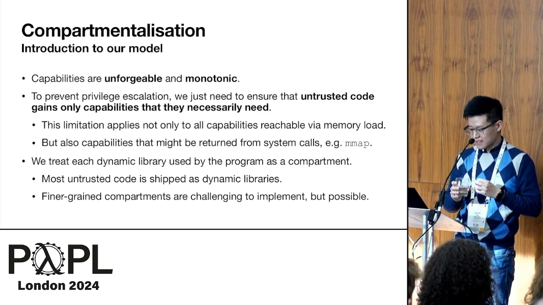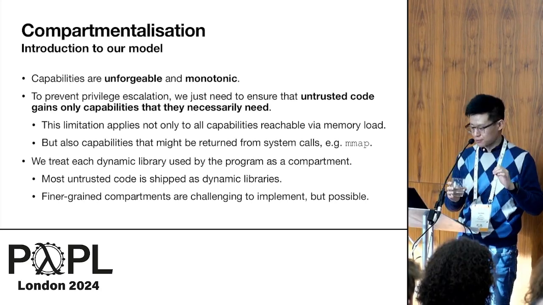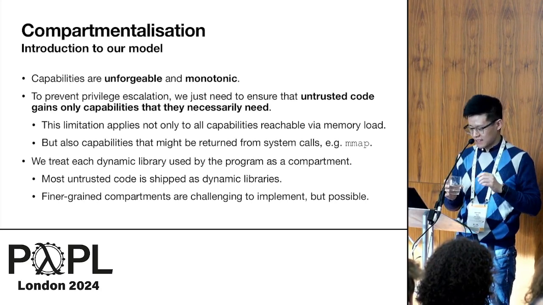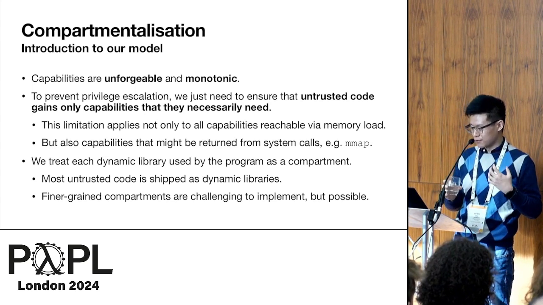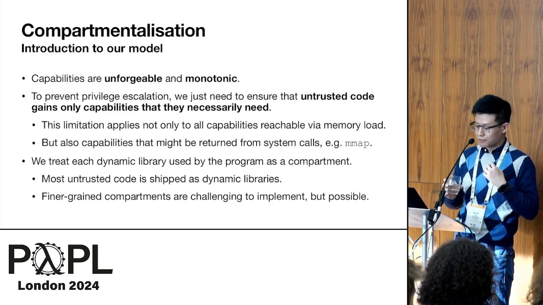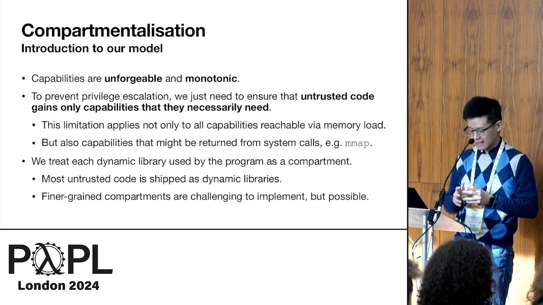So this limitation applies not only to capabilities that are reachable via memory load, but also more abstract capabilities that might be returned from system calls like mmap or open. So in our model, we treat each dynamic library used by the program as a compartment.